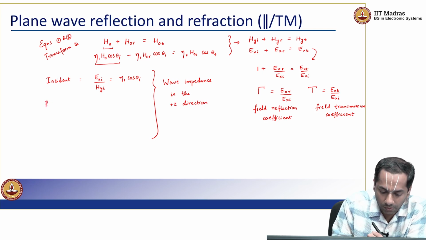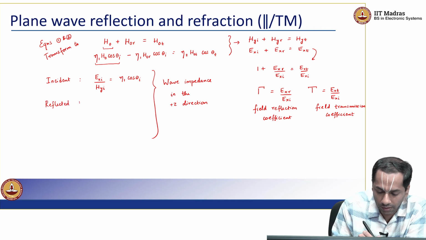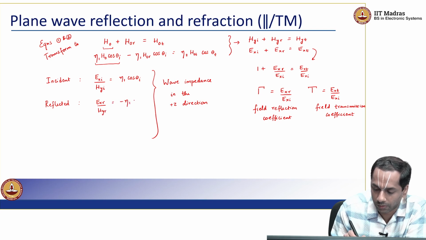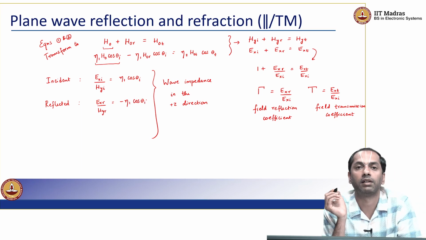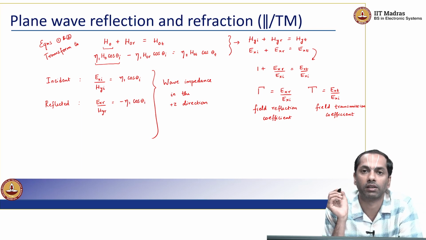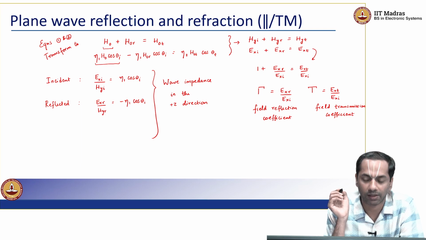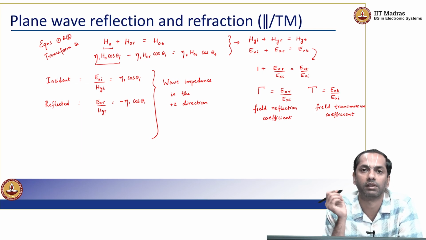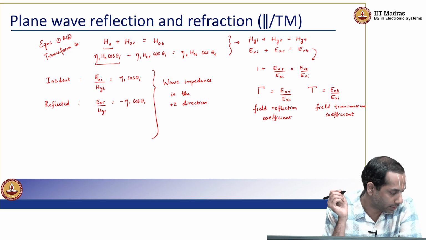Okay, so for the reflected wave we have Exr by Hyr, which is minus eta 1 cos theta r. Since theta r equals theta i, I am invoking that equality and writing this as minus eta 1 cos theta i. This is just to indicate that the wave is traveling in the minus z direction.